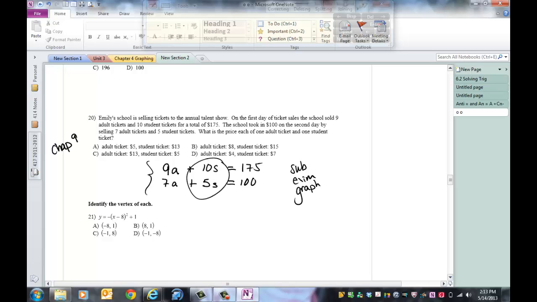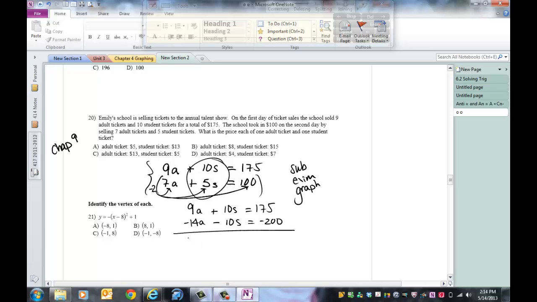I would choose to eliminate your S. I would multiply this second row by a -2, which would give me 9 adult plus 10 student equals 175. Once I multiply and I distribute this -2 to everything, I would have -14 adult minus 10 student equals -200.